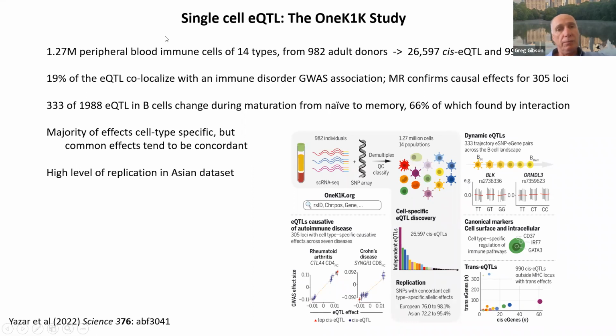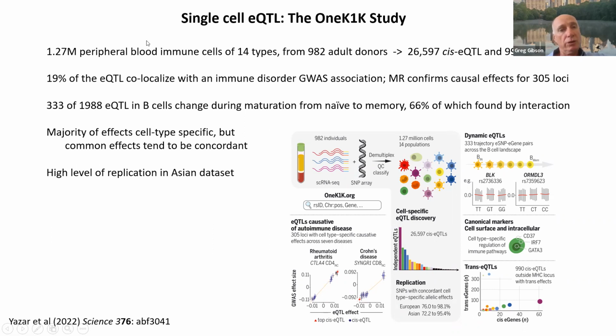So he was a postdoc with Peter Visscher, one of the leaders of the GWAS field, and initiated eQTL studies in Peter's lab. And I don't know how he did it, but somehow as a postdoc, he managed to put together a consortium and pay for this study of 1,000 people with about 1,000 PBMC from each one.